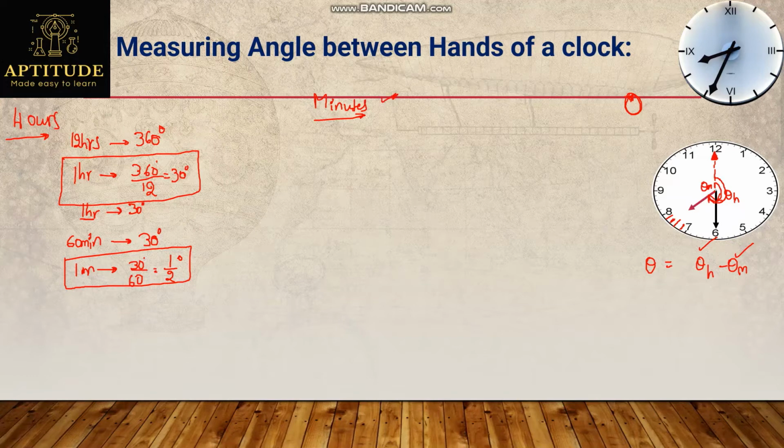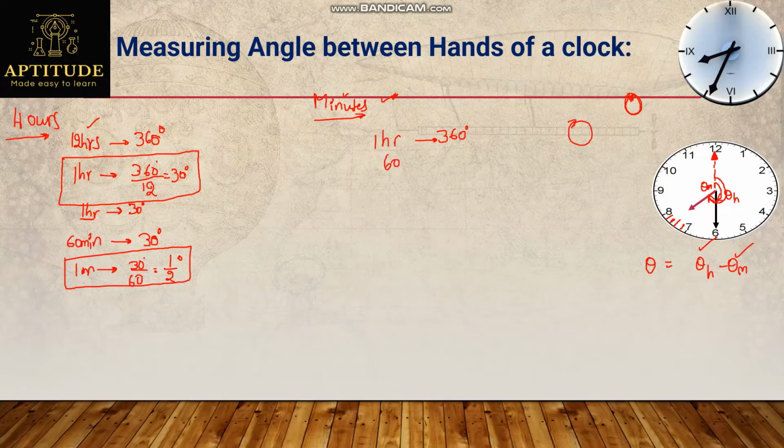Why? Because the hour hand finishes 360 degrees in 12 hours. The minutes hand finishes 360 degrees in how many minutes? If you observe here, the minutes hand will rotate 360 degrees for every 1 hour. So if it completes 60 minutes, then only we will say it is 1 hour, which means it completes one circle completely.